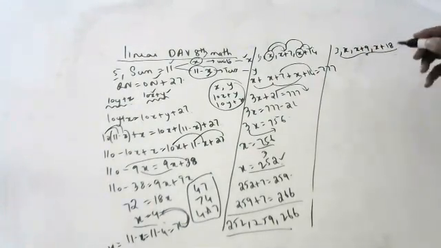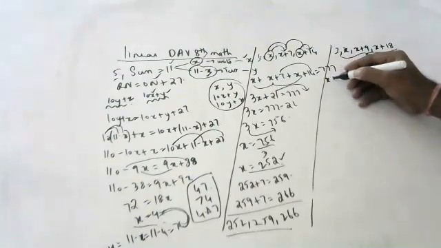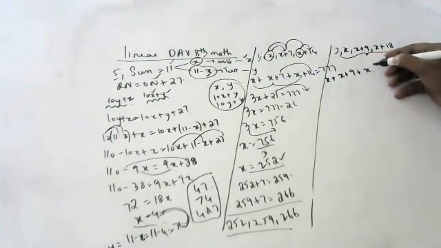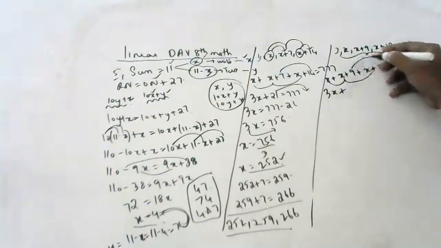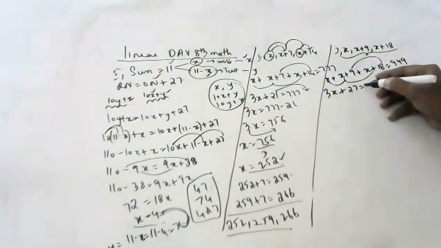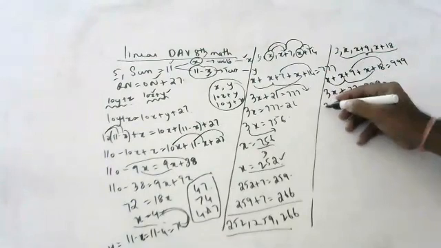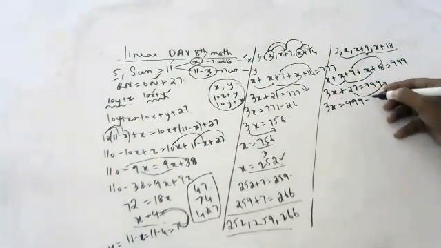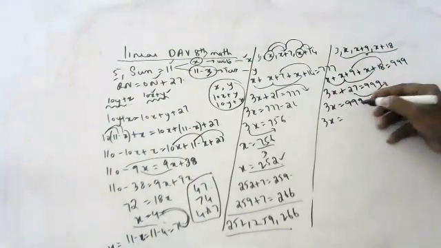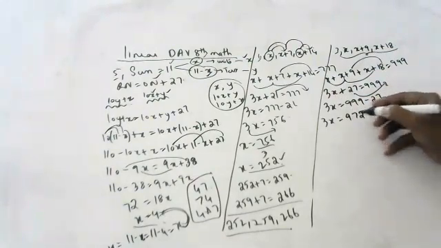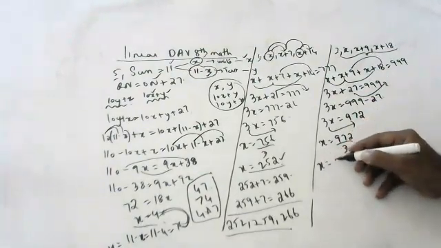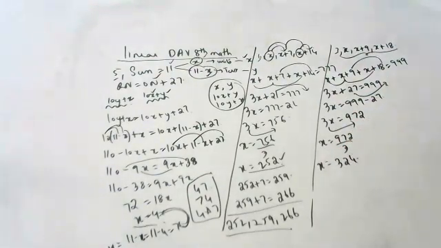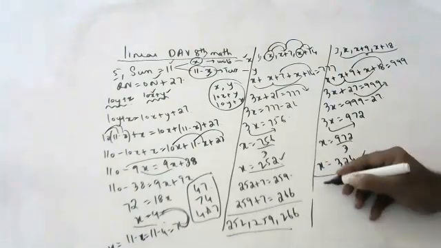So the sum of them is 999. x plus x plus 9 plus x plus 18 is equal to 999. x plus x plus x is how much? 3x. 9 plus 18 is 27. 3x plus 27 is equal to 999. 3x is equal to 999 minus 27, that is 972. x is equal to 972 by 3, that is 324. If one number is 324, what is the next number?